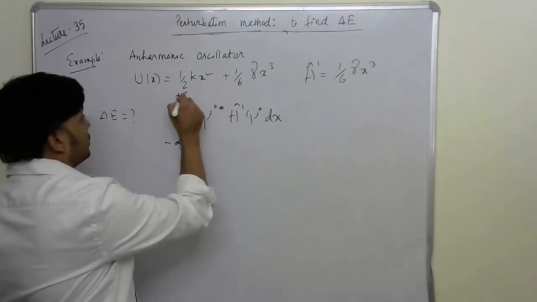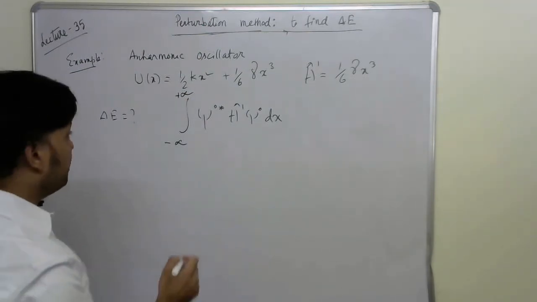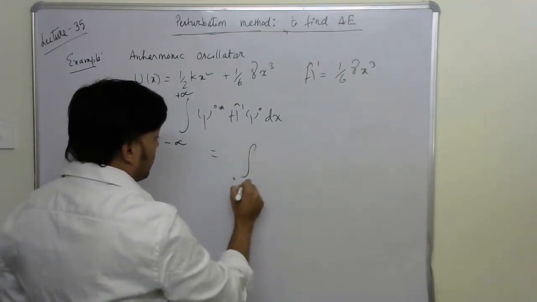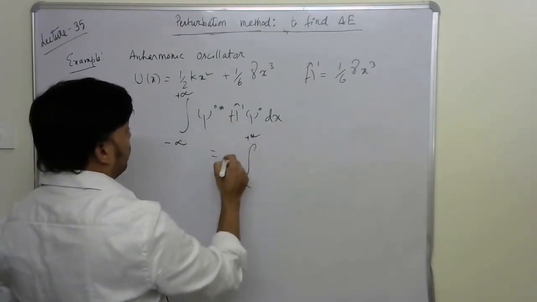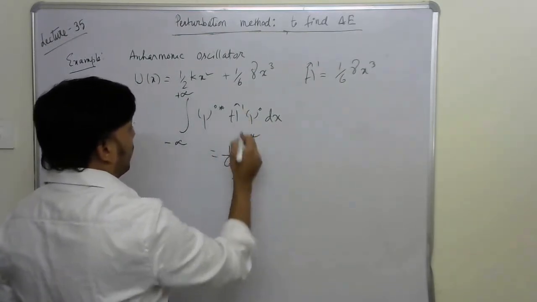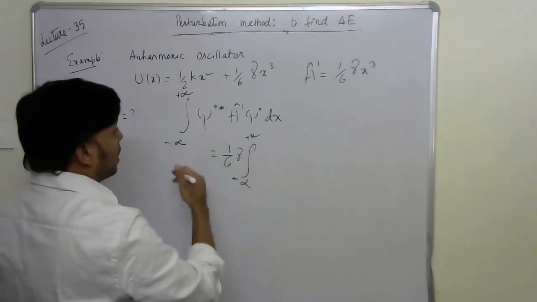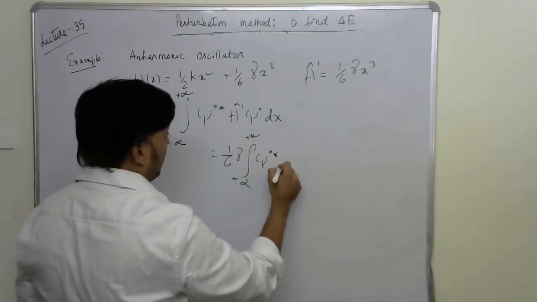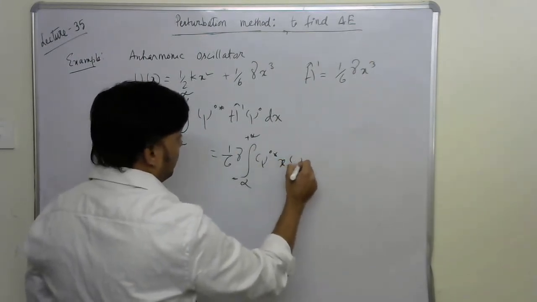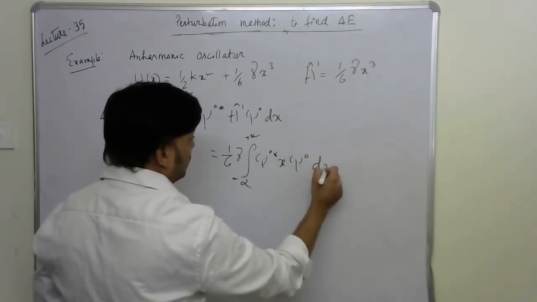And of course the limit is from minus infinity to plus infinity. So that becomes minus infinity to plus infinity, and instead of H1, the 1 over 6 gamma part comes out, so we have psi 0 star times x cubed multiplied by psi 0 dx.